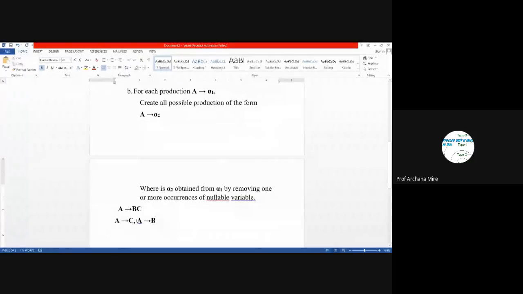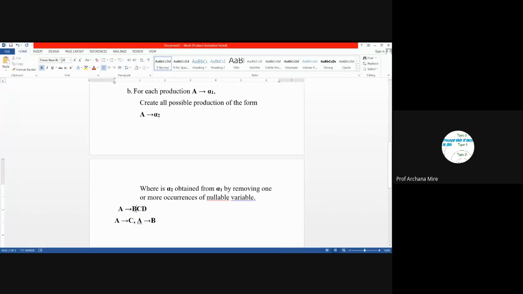So we have to try all possible combinations. We can remove one symbol, two symbols, or three symbols. Right now there are only two, but if it is like this, A leading to BCD, and we are aware that B, C, and D are all nullable, then we follow the same strategy.